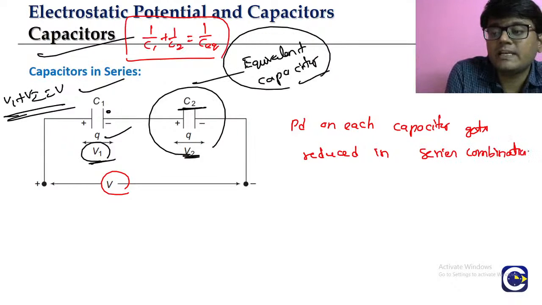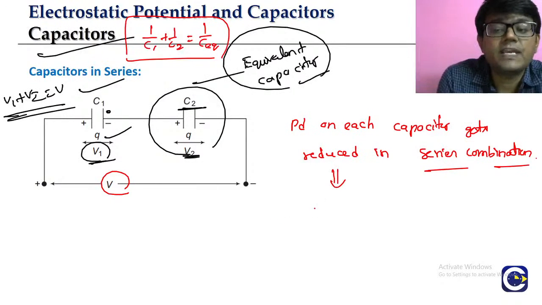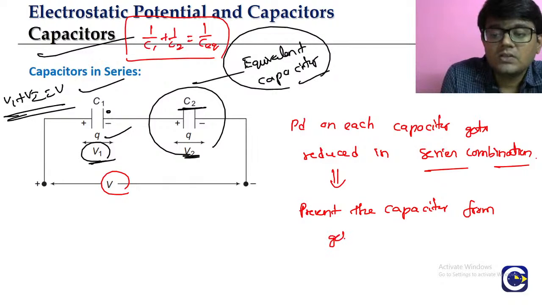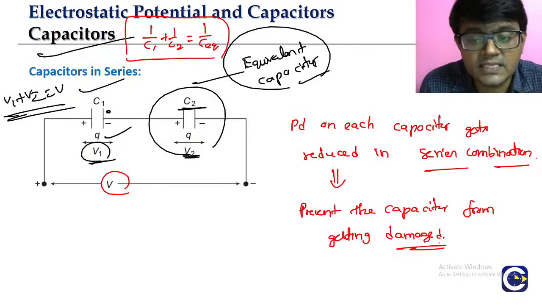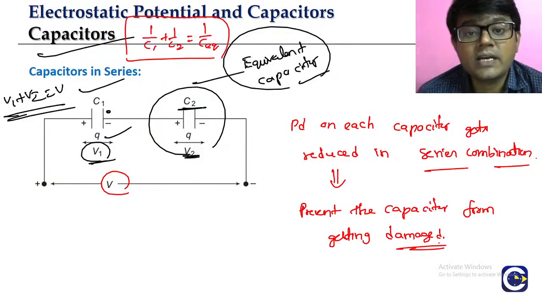What is the benefit from this? We can prevent the capacitor from getting damaged. This is the purpose of keeping the capacitors in series. We can use the capacitors and make sure that they are not getting damaged.